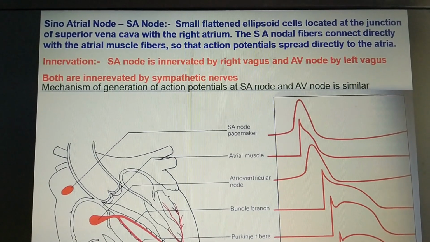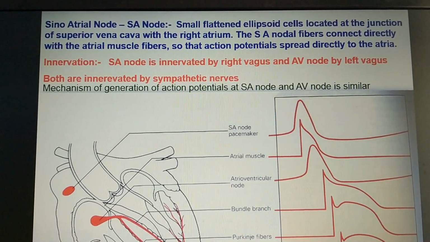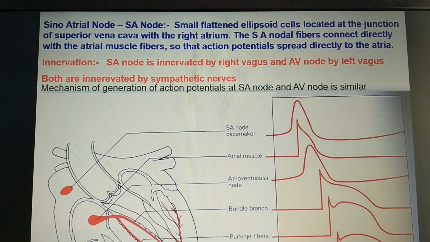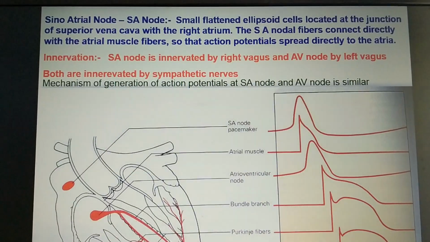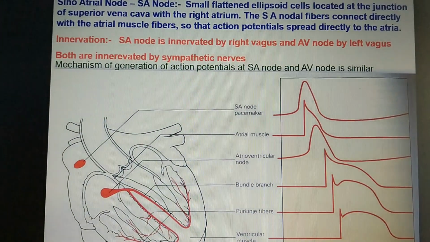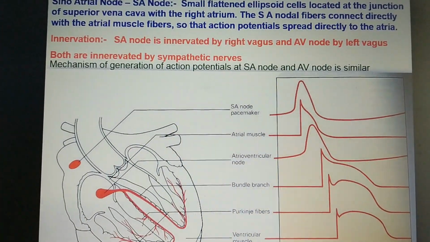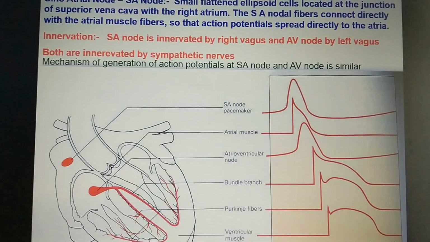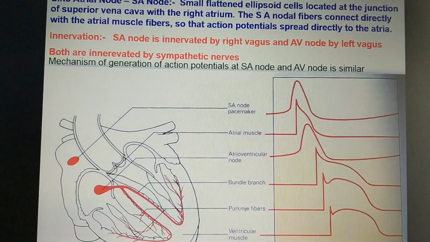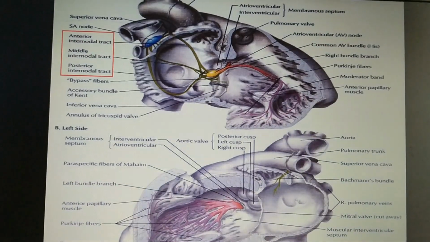The SA node is innervated by the right vagus and the AV node by the left vagus, and both these nodes are also innervated by sympathetic nerves. The generation of action potentials occurs through the very same mechanism in both the SA node and the AV node.